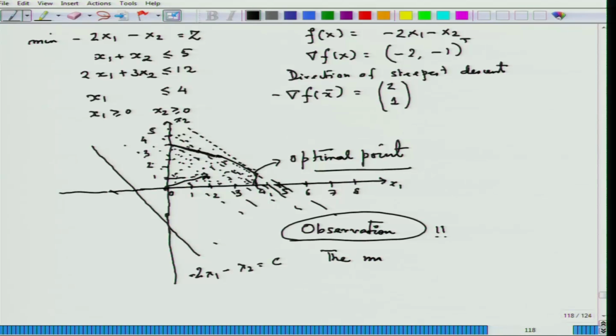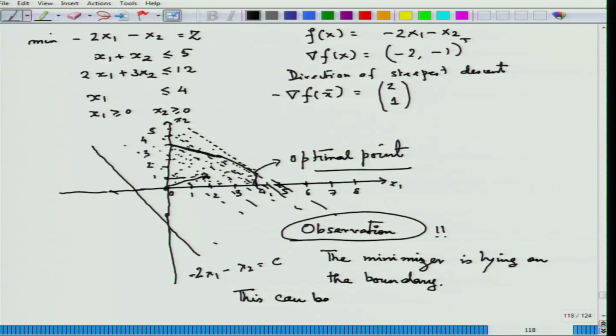The minimizer, this can be proved and will be proved later.